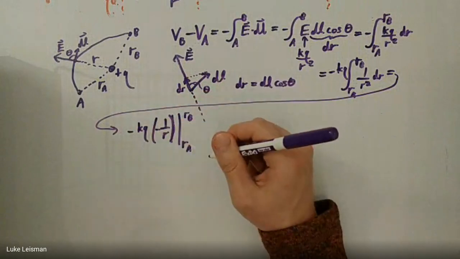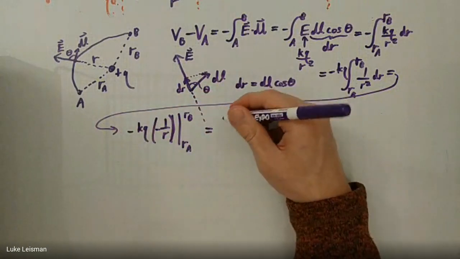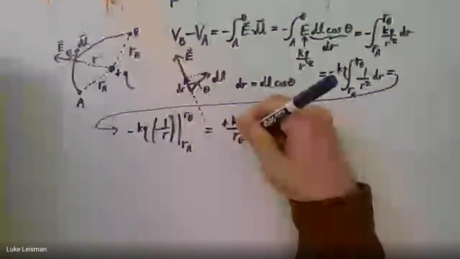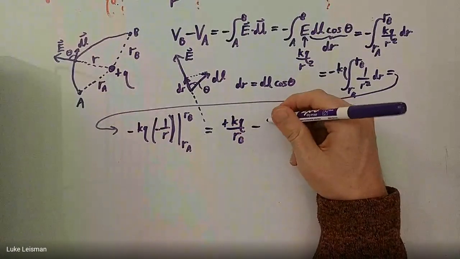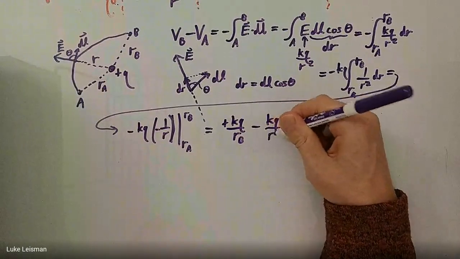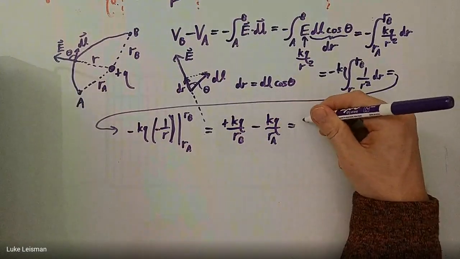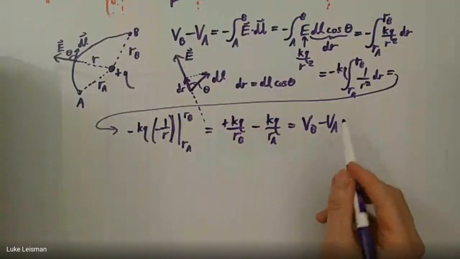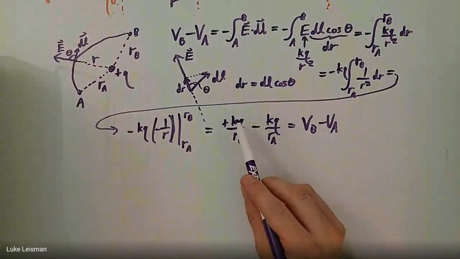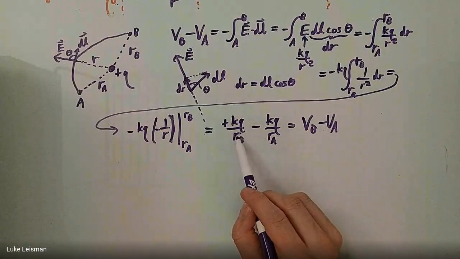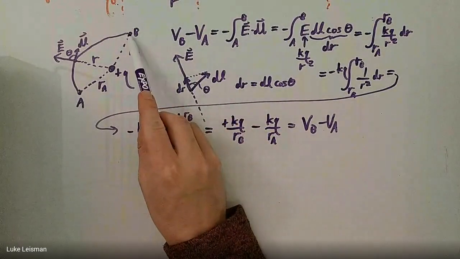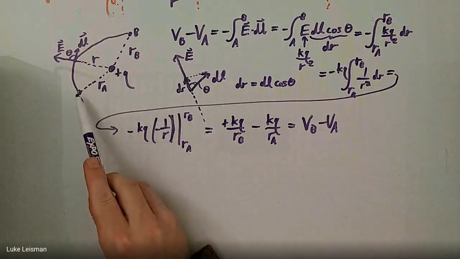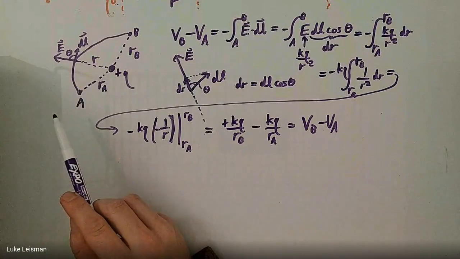So the minus signs cancel, and this is just going to turn into plus KQ over RB, and then minus KQ over RA. And that is VB minus VA. So the amount that the potential changed is just KQ over RB, that's the potential at spot B, and KQ over RA, that's the potential at spot A.